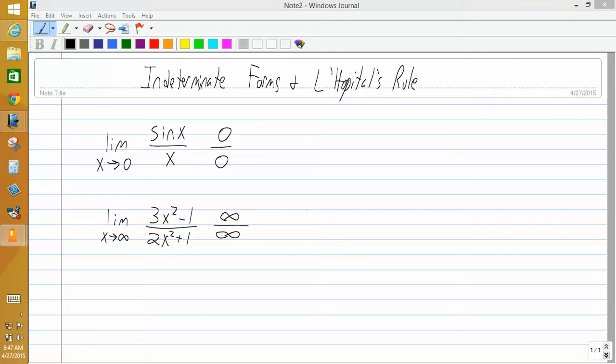L'Hopital's rule is pretty cool because it explains things that you were just told in Cal 1. It just always equals this, don't worry about why.